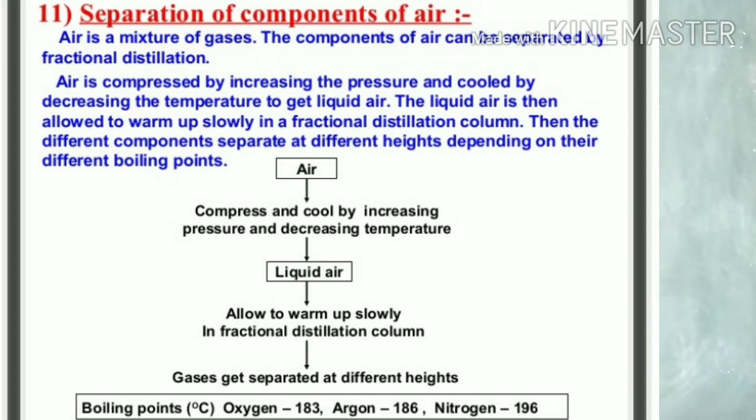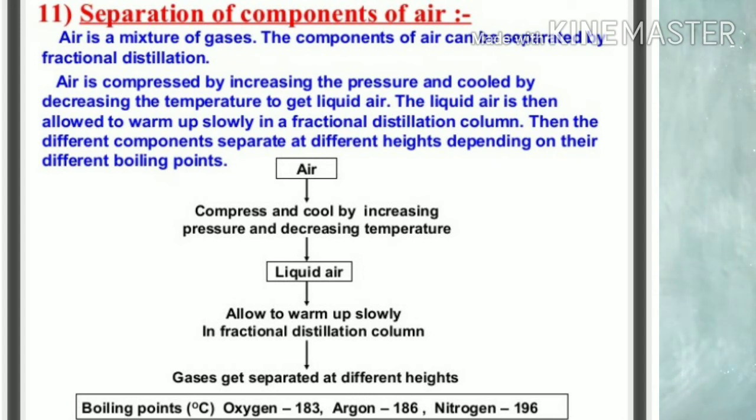Now we'll see how the separation of components of air takes place. We know very well air is a mixture of many gases. The components of air can be separated by the fractional distillation method. Here, air is compressed by increasing the pressure, and also cooled by decreasing the temperature, so that I can get liquid air.